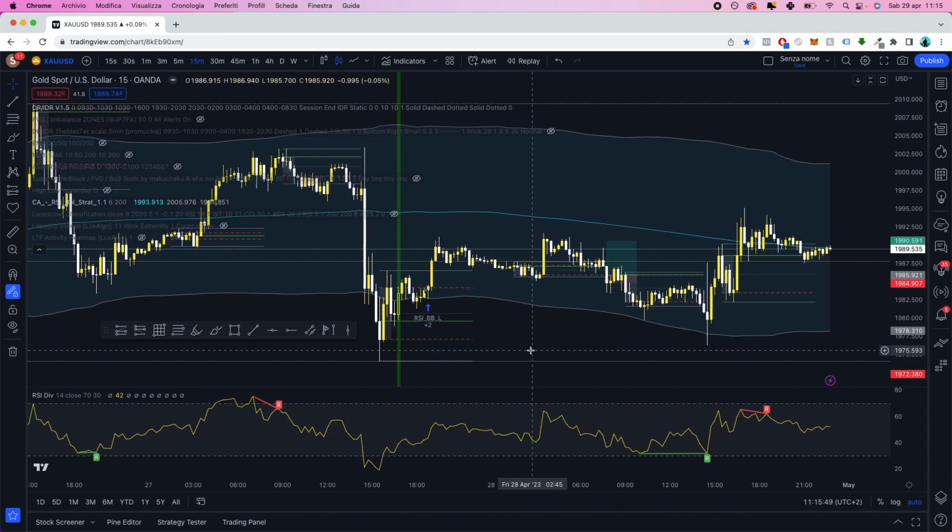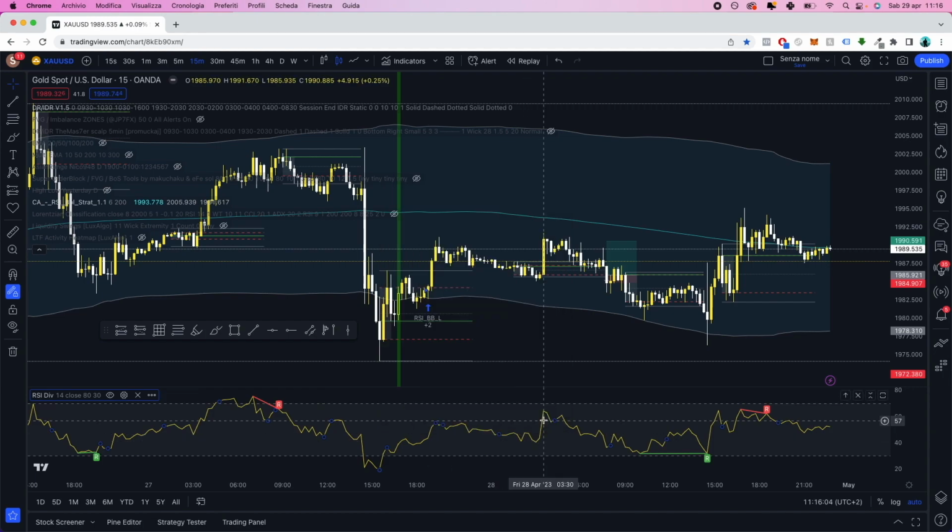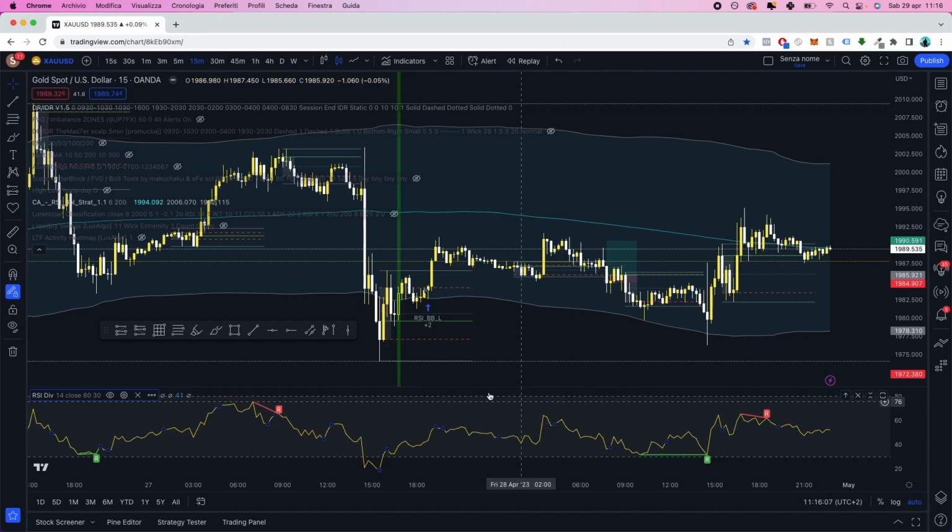Then I will also check, for example, in the RSI the buy and the sell signal. For example, here I have 70, but I can put this on 80. Because in this way, when I increase this number, I have a cleaner signal, a cleaner situation.